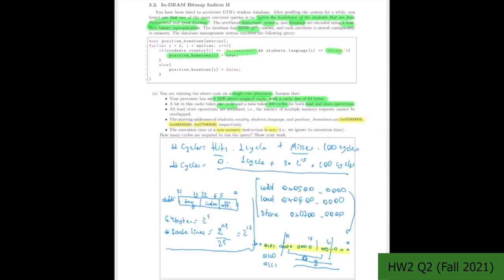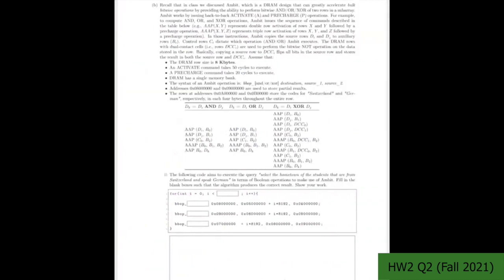Okay, so the next part is about Ambit. It says that we discussed Ambit, which is a RAM design that can greatly accelerate bitwise operations, with the ability to execute AND, OR, and XOR of 2 rows in a subarray.